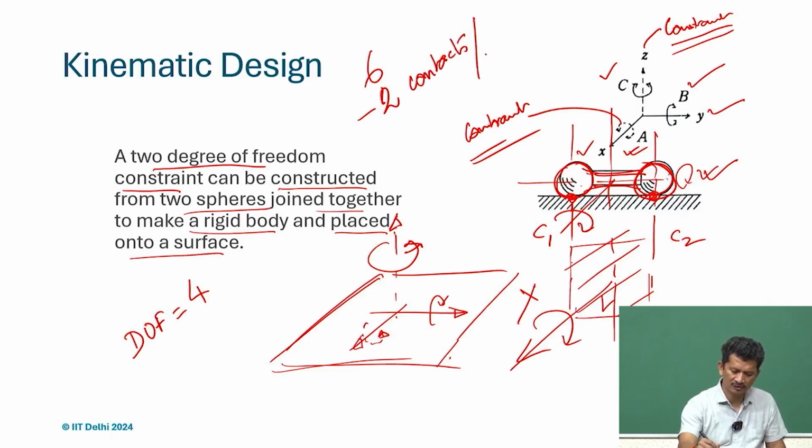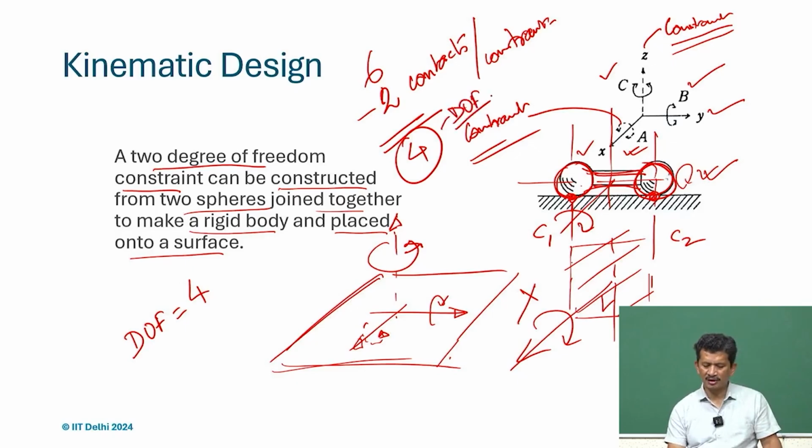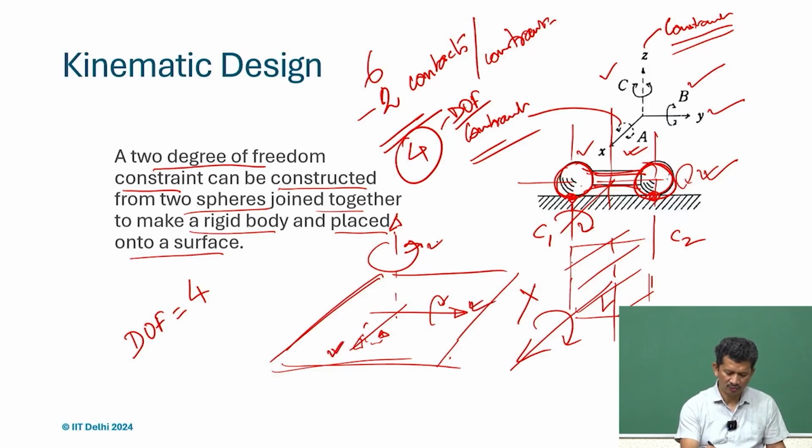So, contact versus constraints is the same, and we are left with 4 DOF, degrees of freedom, and in this case the 4 DOFs are 2 translations and 2 rotations.